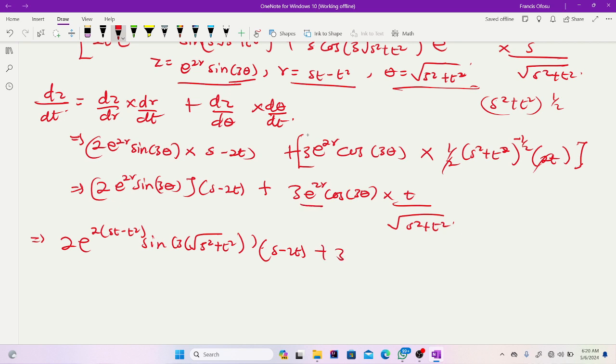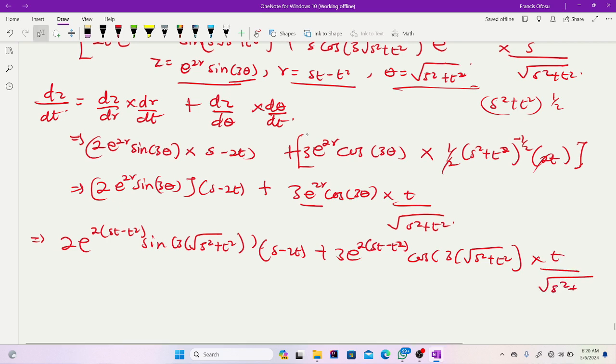Then I come here, e to the power the 2r goes again, st minus t squared, cosine 3, and the theta comes as square root of s squared plus t squared, times t over square root of s squared plus t squared.